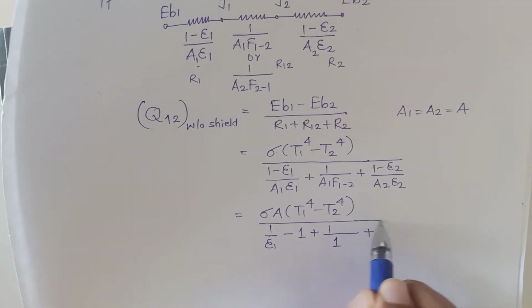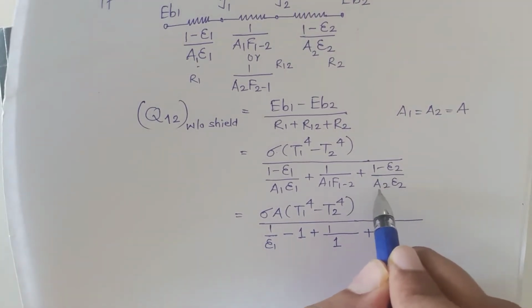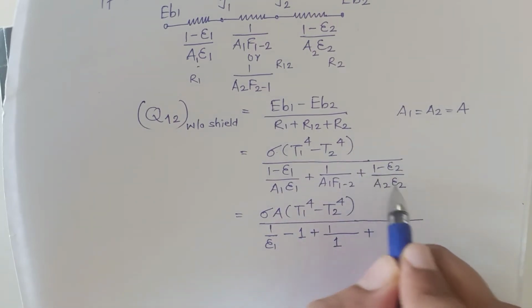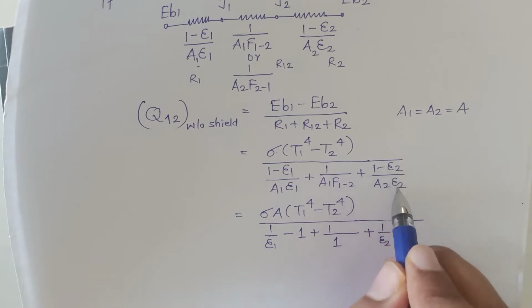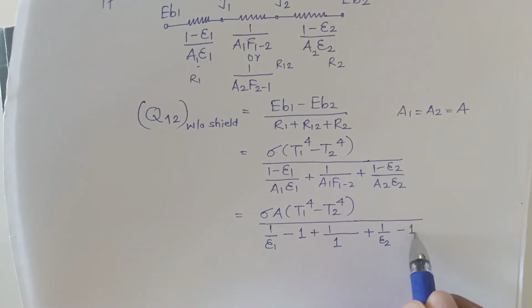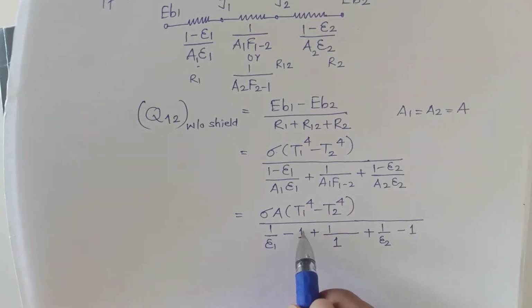Finished with the second term. The third term is 1 upon, again with A2 taken out, 1 upon epsilon 2 minus epsilon 2 upon epsilon 2, which is equal to 1 upon epsilon 2 minus 1. So this is negative 1, this is positive 1, and they will cancel each other.